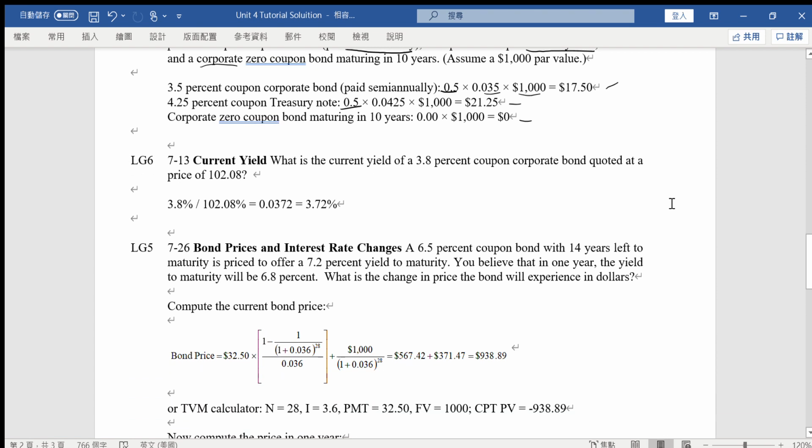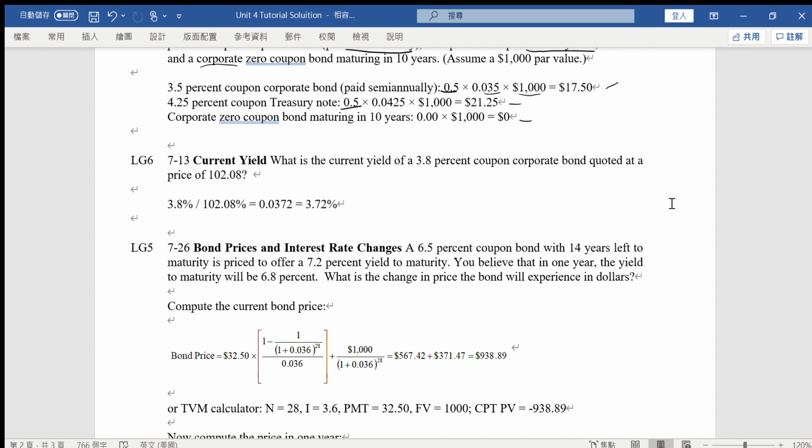Okay, then another one about the current yield. For this one, about the current yield of a corporate bond, 3.8% quoted at a price of 102.08.